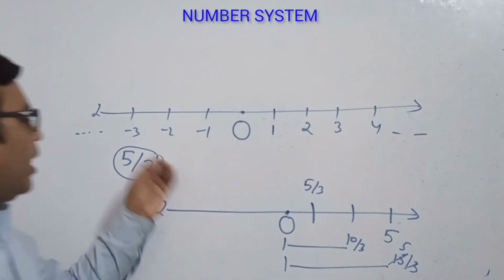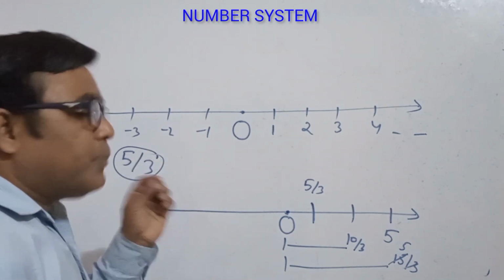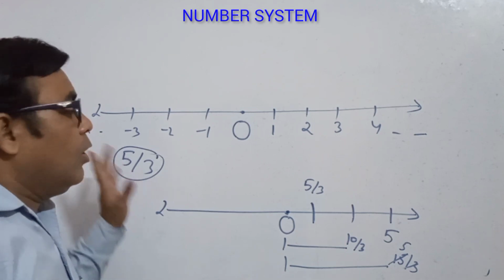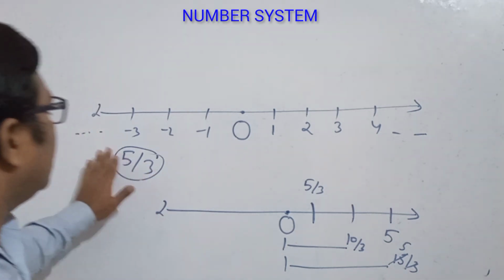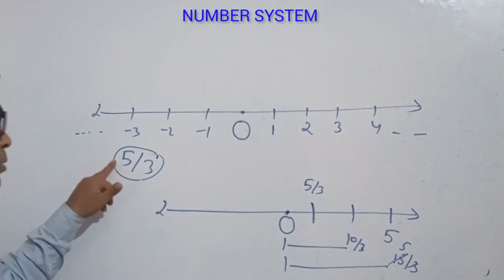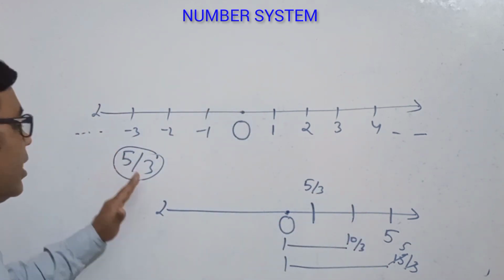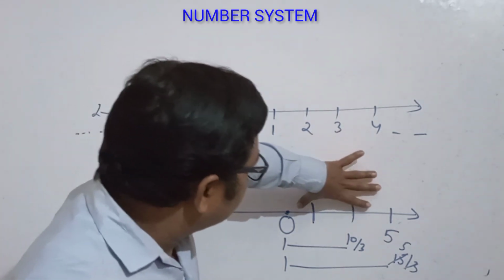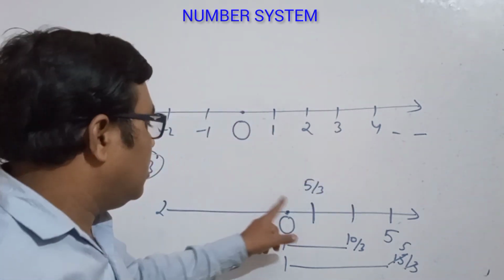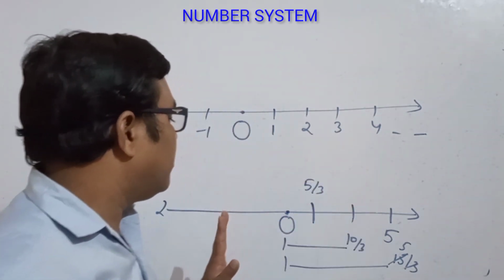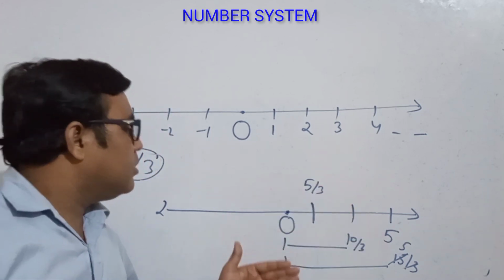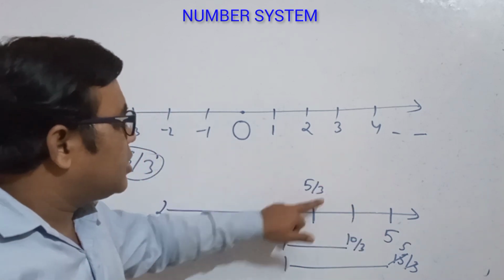So, to represent any rational number, especially in fraction form, we will first represent the numerator, for example, 5. Then, denominator is 3. So, we will divide this gap in 3 parts, 1, 2, and 3. And all of this part will be 5 by 3.